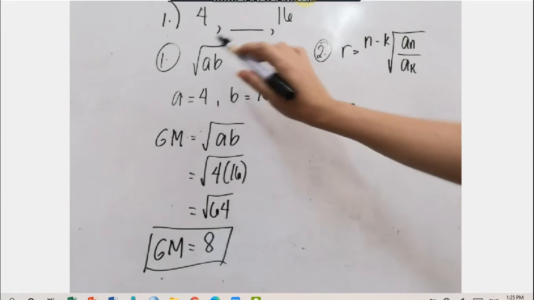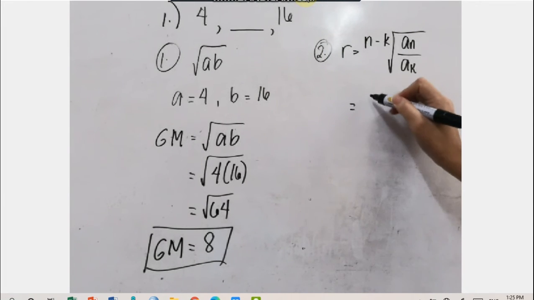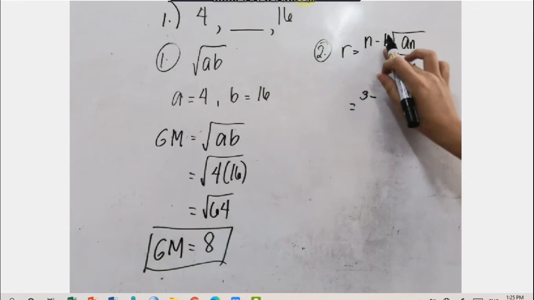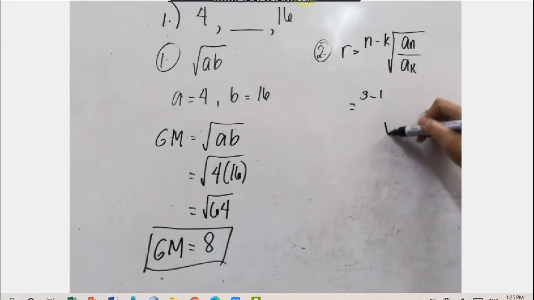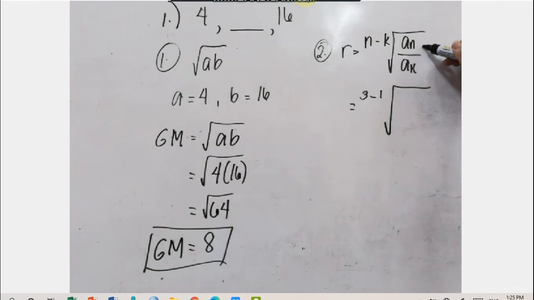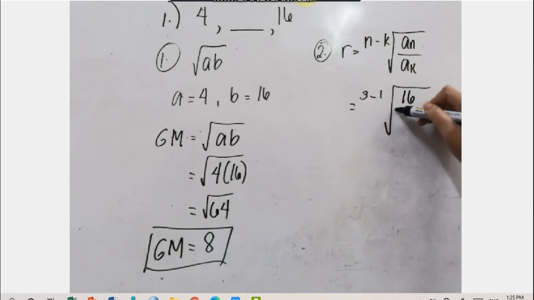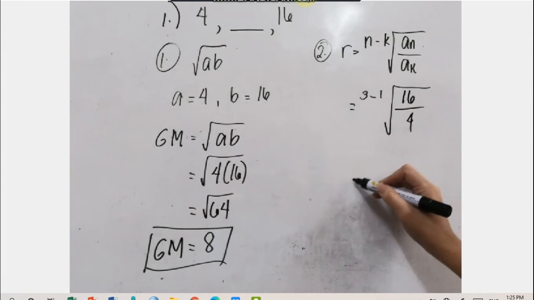So how many terms do we have? We have 3. So we have 3 minus the k, which is 1. A sub n is 16 over a sub k, which is 4.